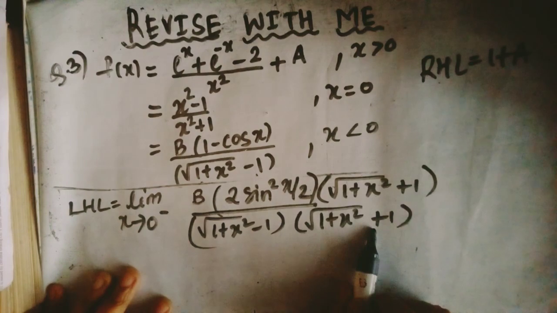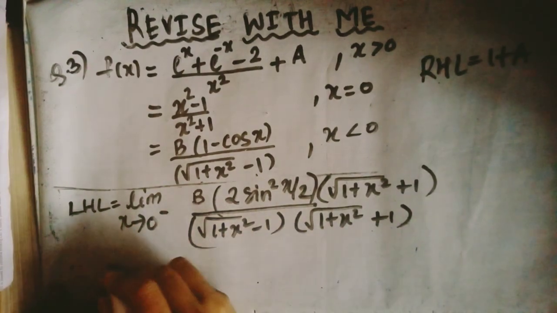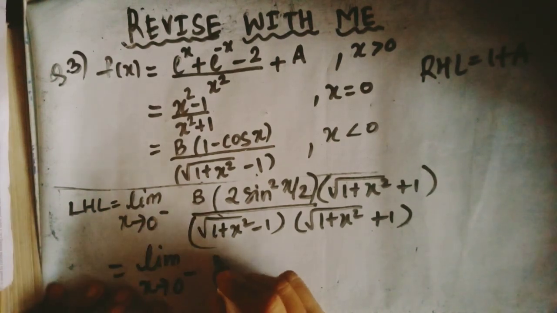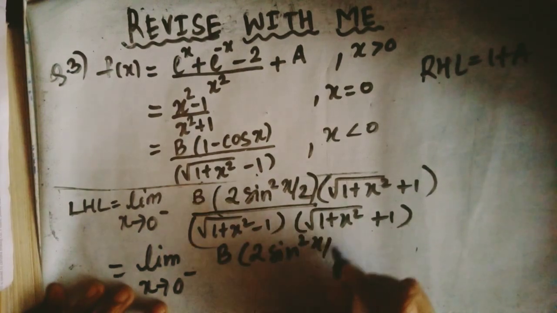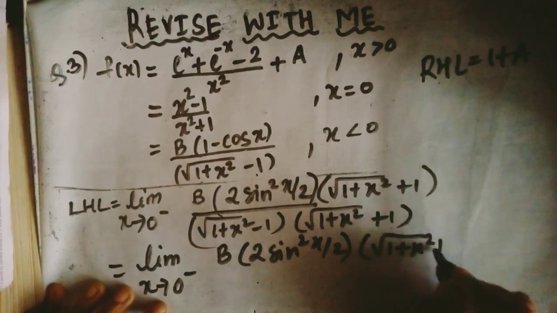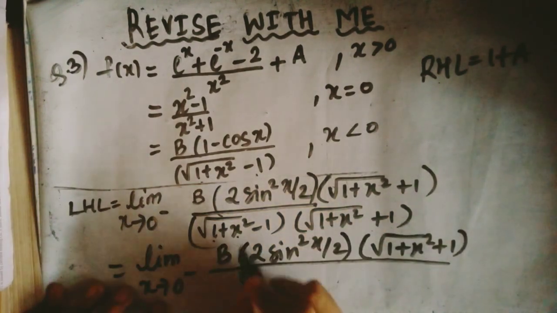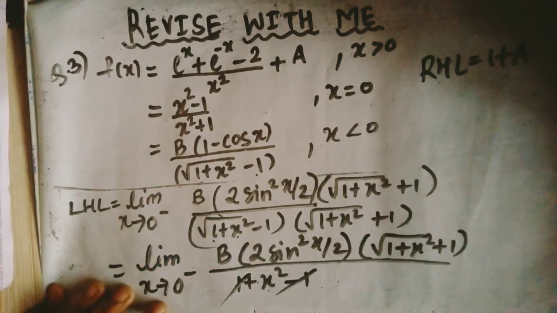Multiplying this, that is a minus b, a plus b, a square minus b square, you will get limit as x tending to 0 minus b into 2 sin square x by 2 into root 1 plus x square plus 1 upon this square, so 1 plus x square minus 1, so you will get x square.